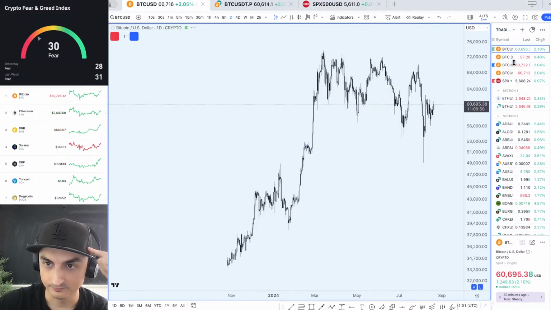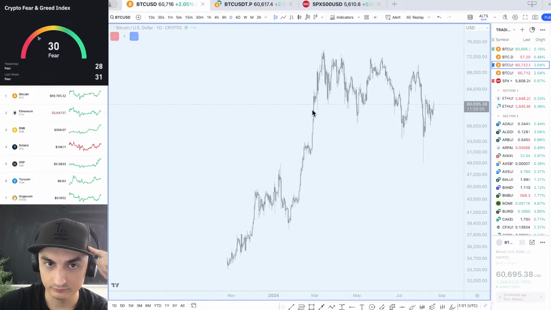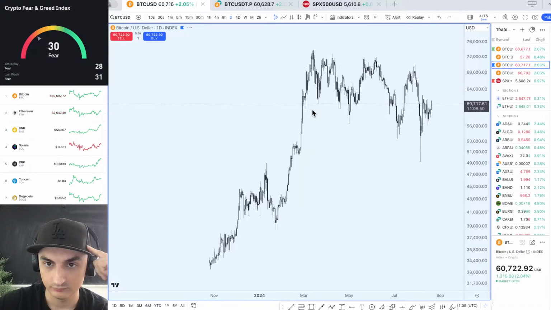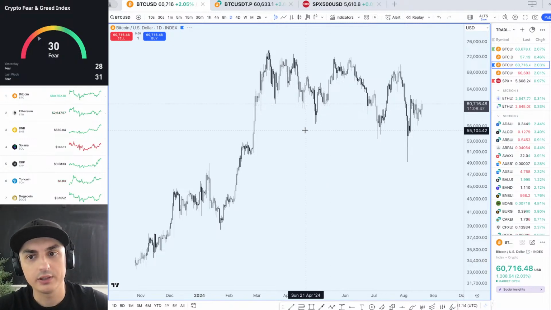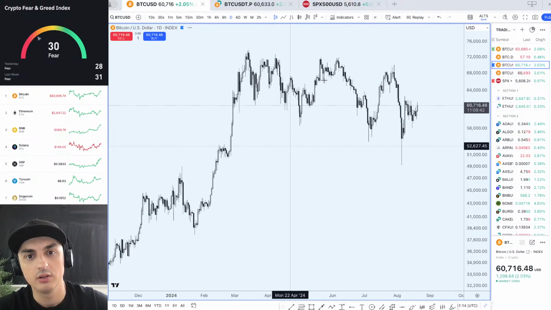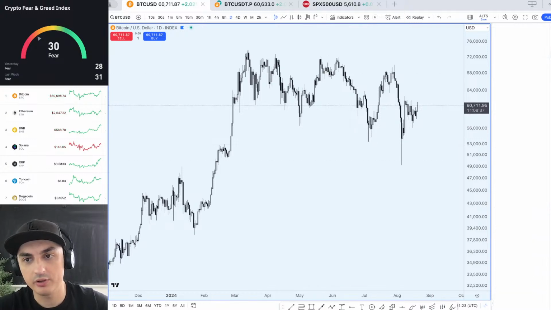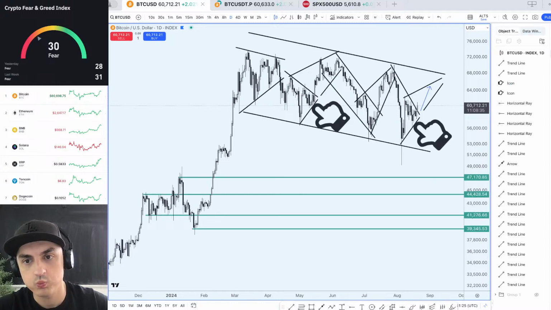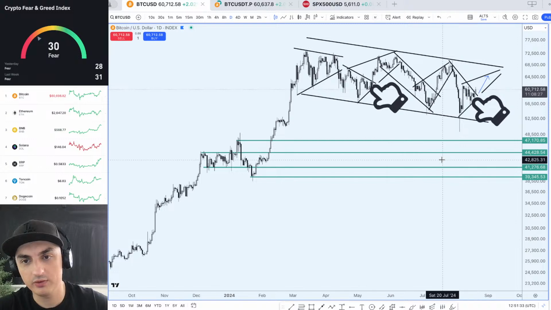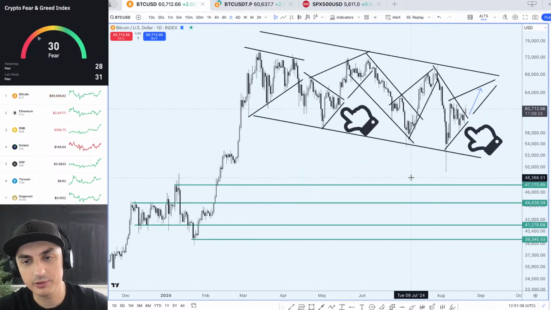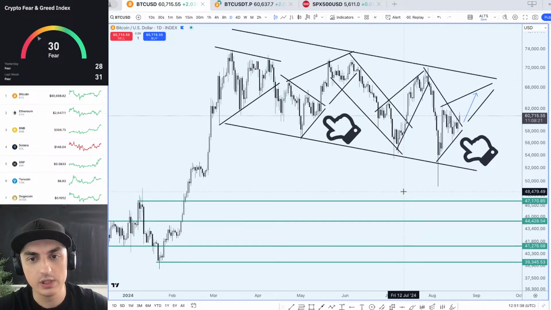I finally got it. I don't understand why it's not loading my charts. Yeah, it's finally loaded. I think I got some bug in TradingView. I don't know what is happening over here, but it's really slow right now.